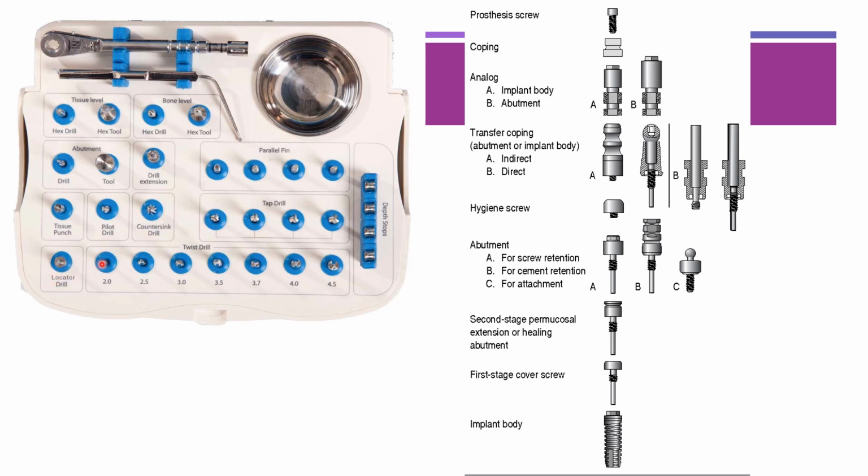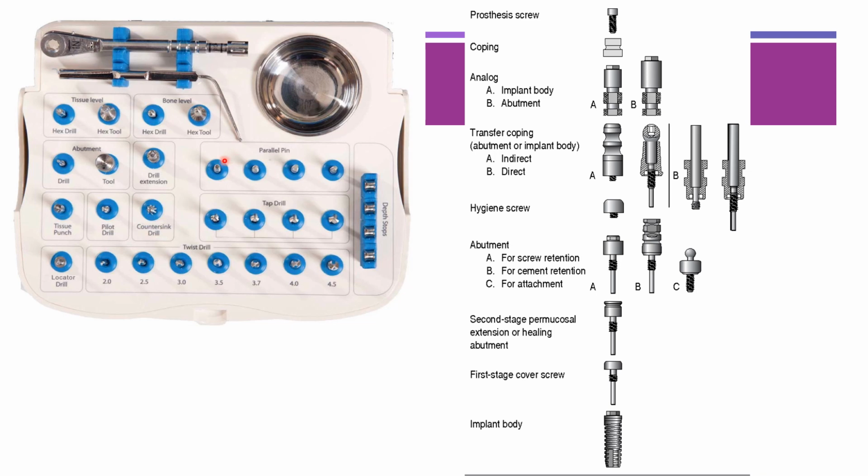The twist drills are of varying diameters, 2, 2.5, 3, 3.5, 3.7. Usually for a 5.5 width implant we will drill only till 4.5, just 1 mm less than the actual width of the implant.